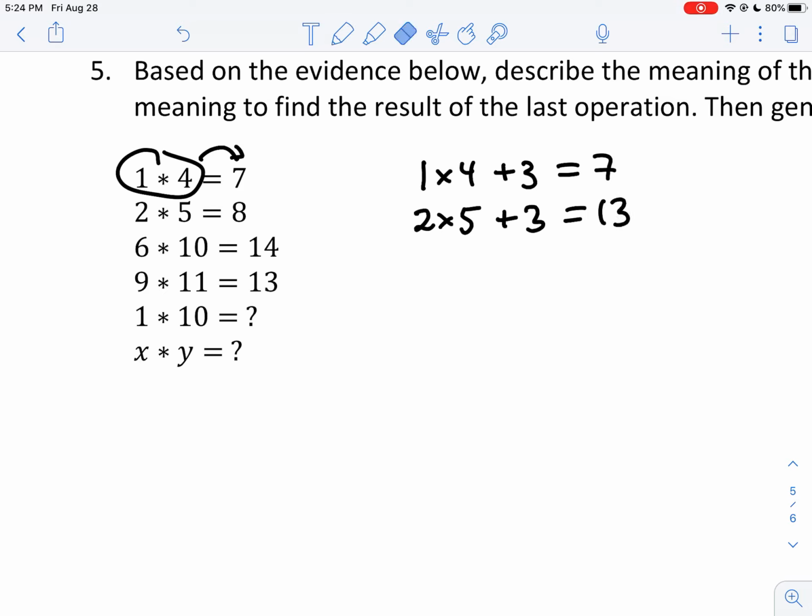This doesn't seem to be working. Or maybe, instead of adding the same number, we need to add the number that we added to 1 times 4. Maybe that needs to be one number less than that, the second number in our product. All right, so that would suggest I add 4 here, but 2 times 5 plus 4, no, that doesn't give me 8 either.